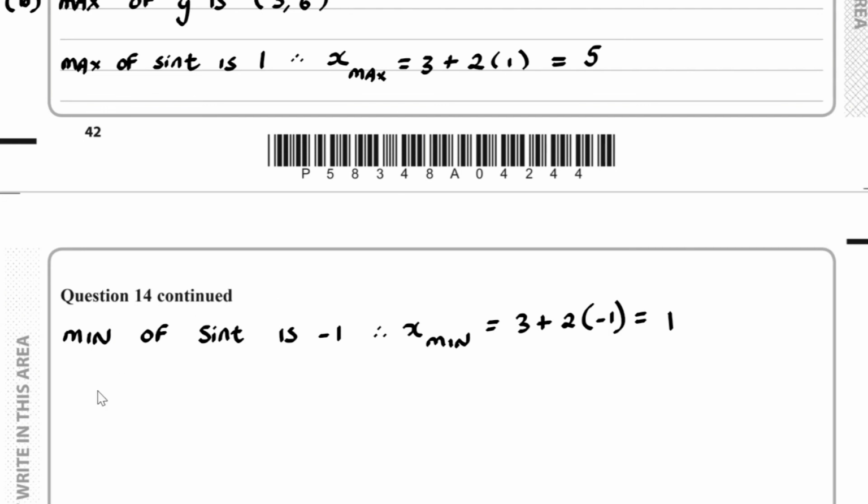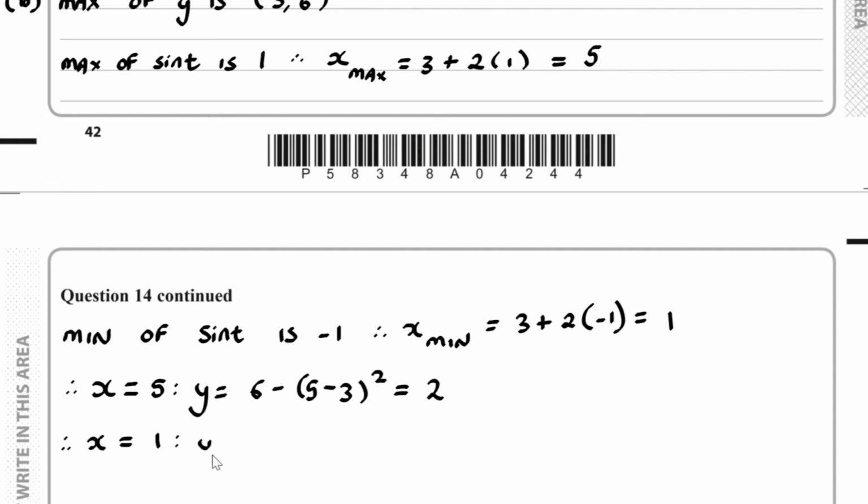And so, when x is 5, y is equal to 6 minus 5 subtract 3 squared, which is 2. And when x is 1, y is equal to 6 minus 1 minus 3 all squared, which is also 2.